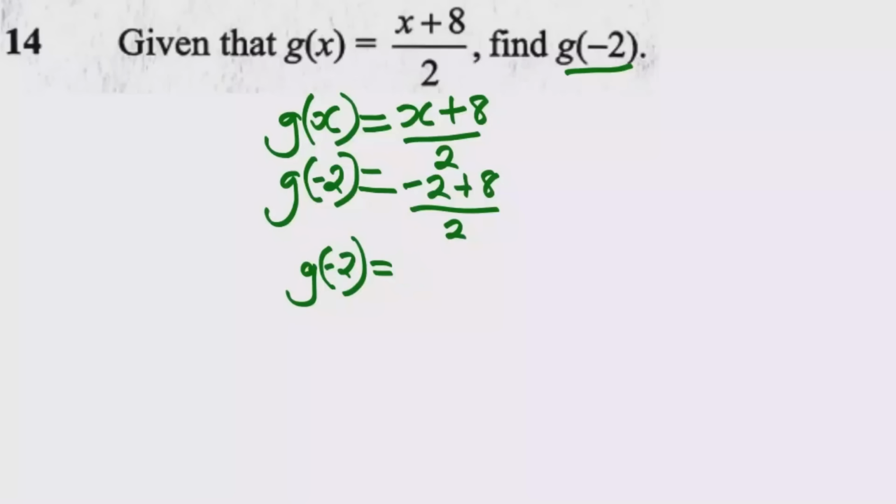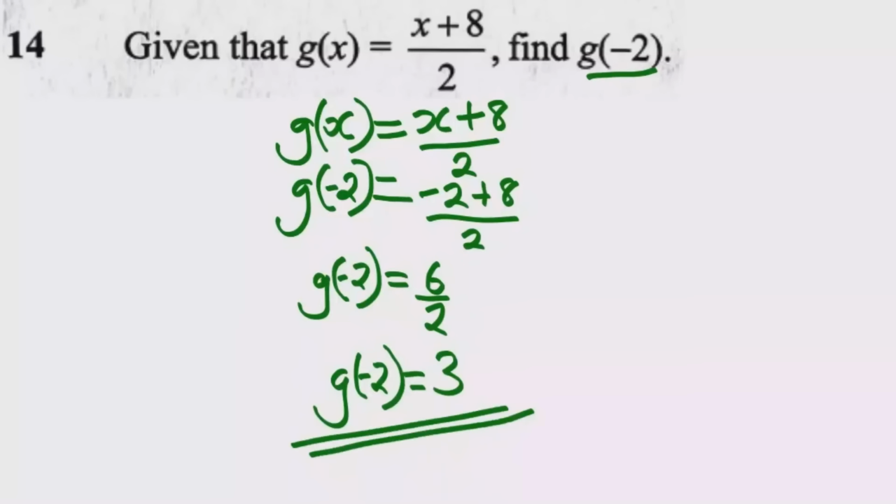So what is the difference of 8 and 2? The difference of 8 and 2 is 6, which will be over 2. Then g of negative 2 is equal to 2 into 6 will go 3 times. Putting negative 2 into that function will give us the answer, which is 3.